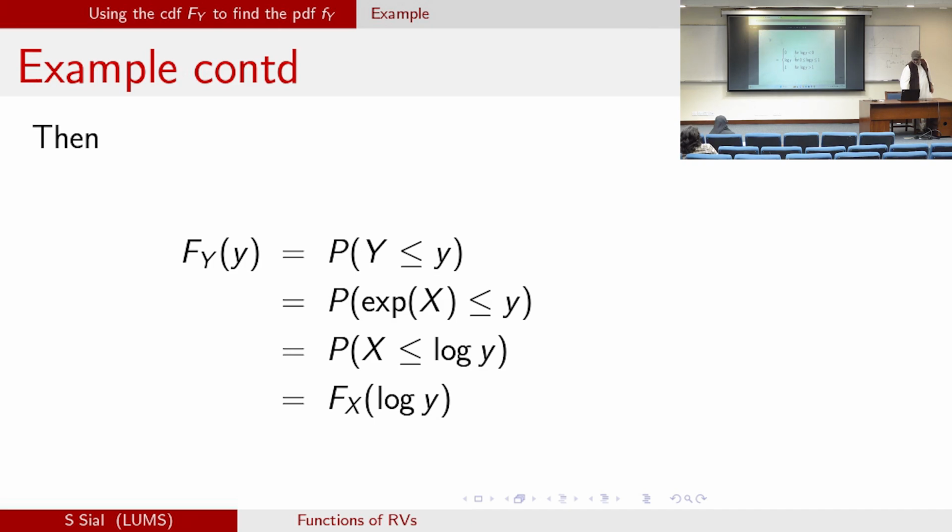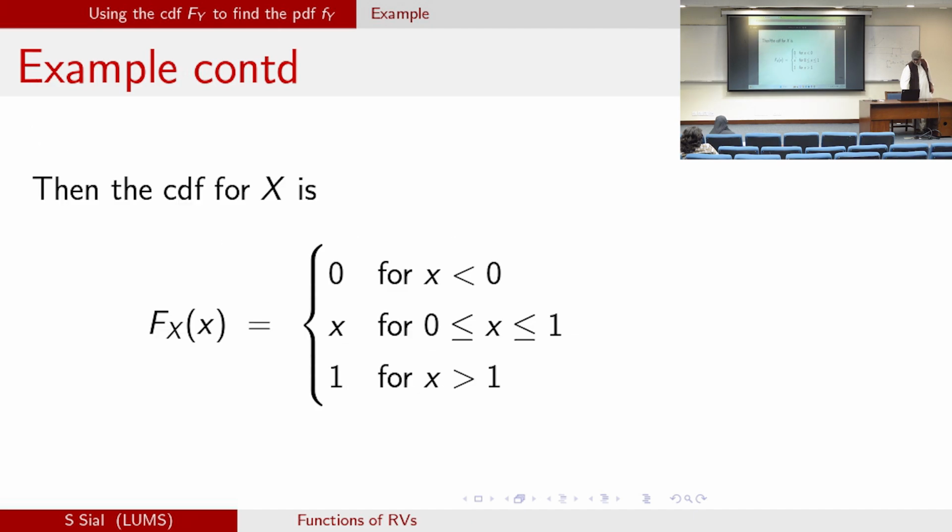Once again, we don't need to worry about 0. If x is bigger than 1, that means that y is bigger than e. If x is between 0 and 1, then y is between 1 and e.